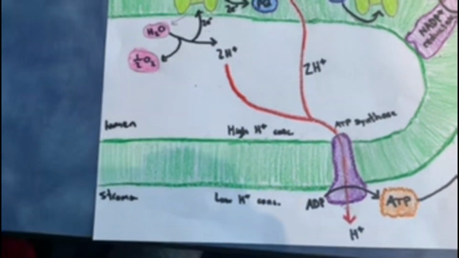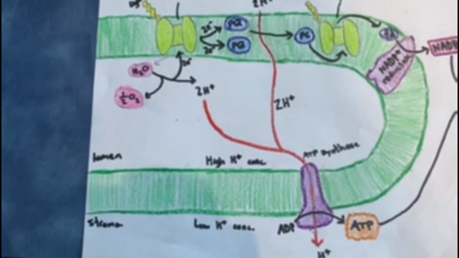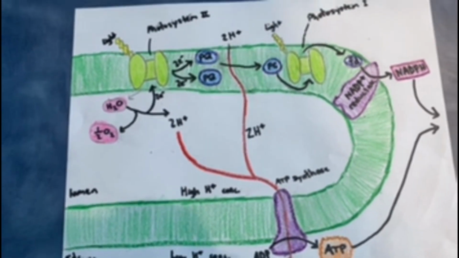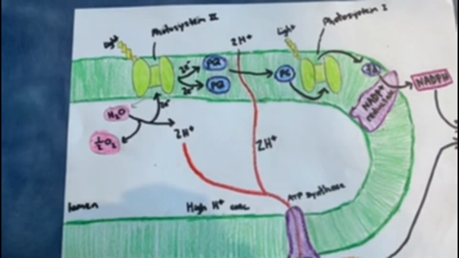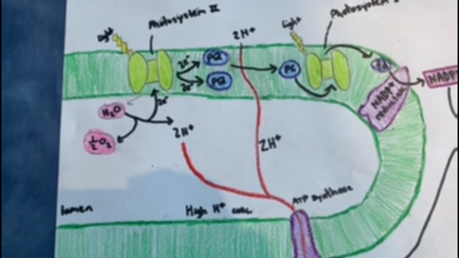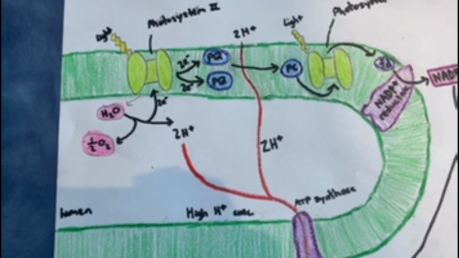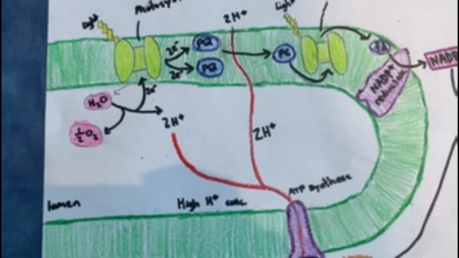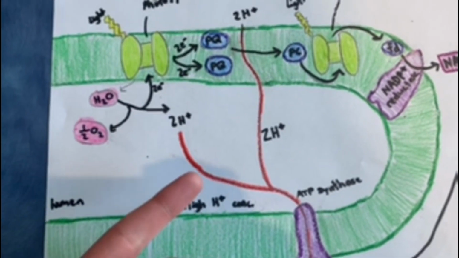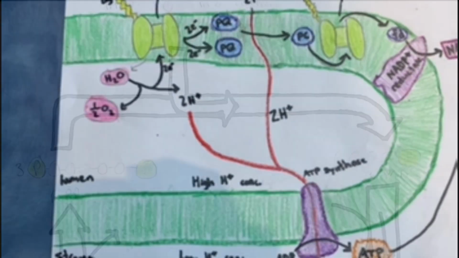If the supply of NADP plus runs out or more ATP is needed, then the excited electrons in ferredoxin will return to the electron transport chain, instead of being passed to NADP+. As electrons flow along the electron transport chain, more protons are pumped and more ATP is produced.